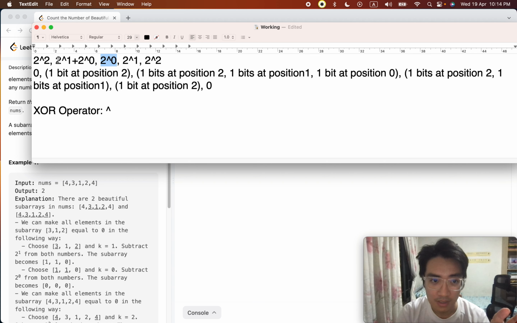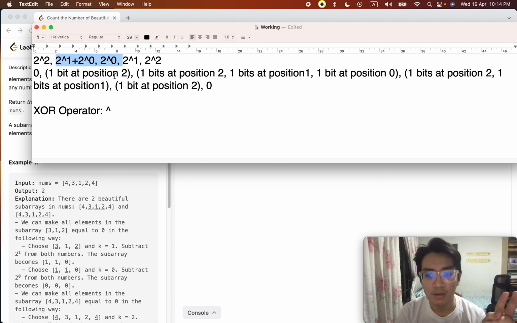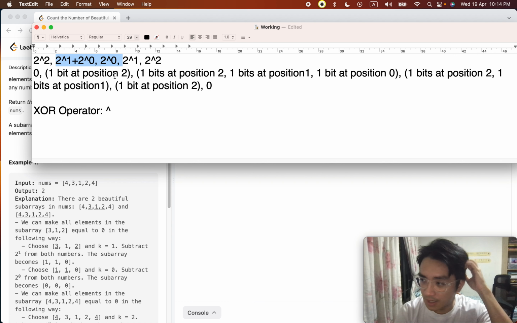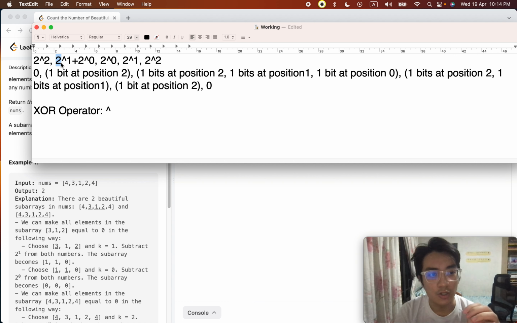Say 2 to the power of 2 is not present in both, right? And if it's 2 to the power of 1, in this case you can see it's not present.